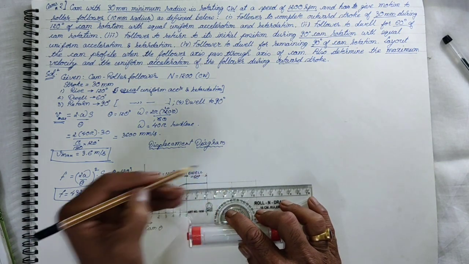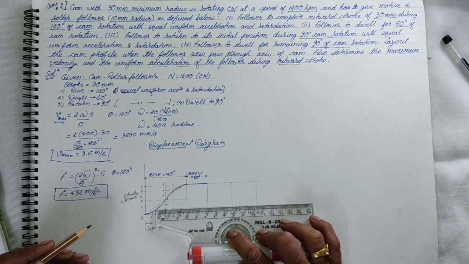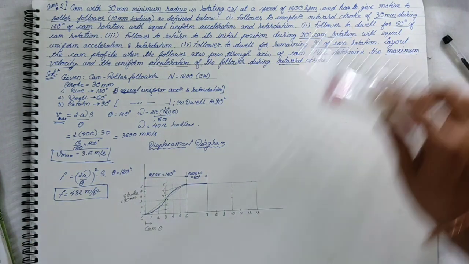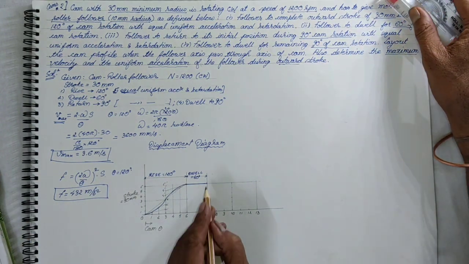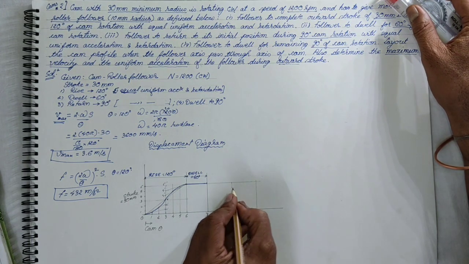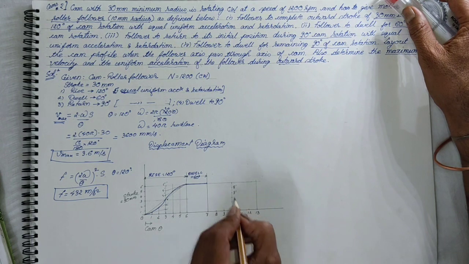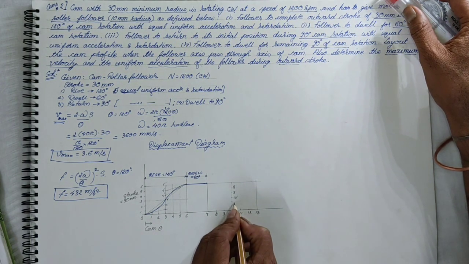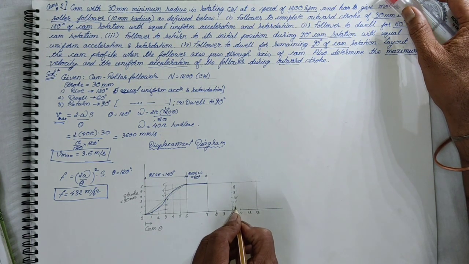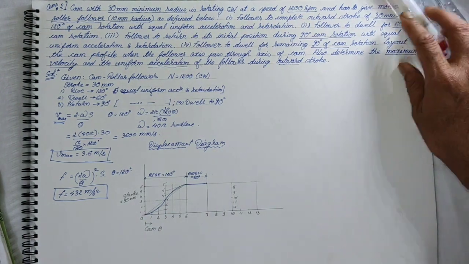We have to divide it in 6 parts. So we get these points. So now we can say this is 7, so this is representing 7. So I can say this is 8 dash, 9 dash, 10 dash, 11 dash, 12 dash, and this as the 13 dash representing the follower.